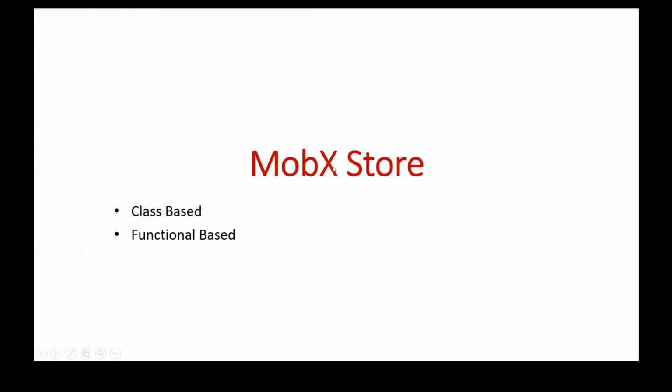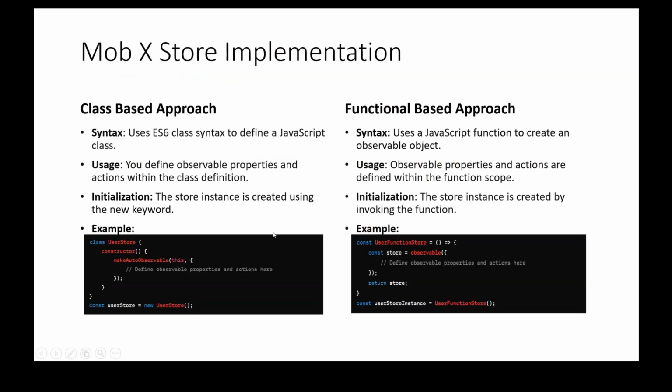So generally, Mobx handles stores in two ways: class-based approach and functional approach. In the class-based approach, we have a class, and inside the class, we have a constructor. The constructor calls makeAutoObservable, which defines the observable properties and actions.